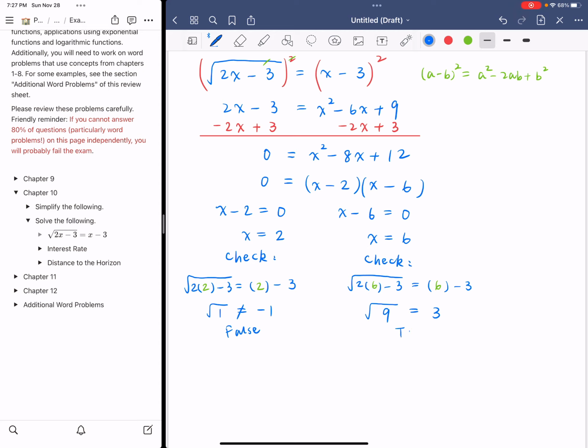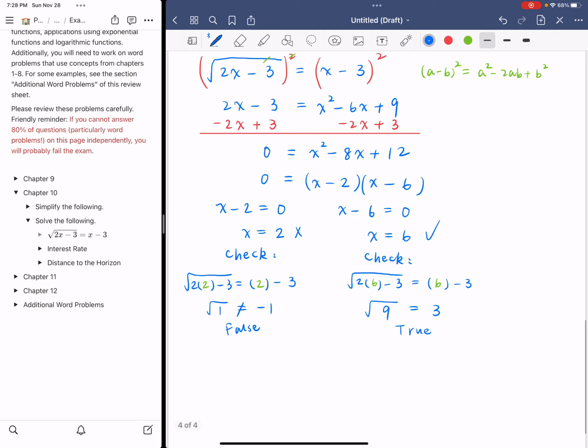It's right. Square root of 9 is 3. So x equals 6 is a solution, but x equals 2 is not a solution. Therefore, at the end, you should say the solution is, in this case, only x equals 6. So don't forget to check your solution for any radical equations that you solve.